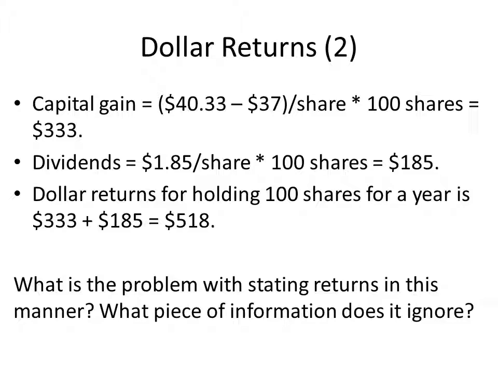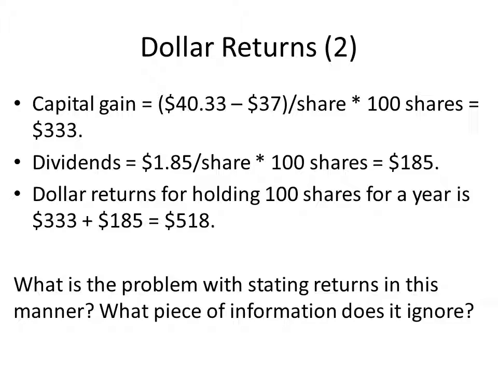So what's the problem with stating returns in this manner? What kind of information does it ignore? Well, think about this. You're at a party. You're bragging to your friends about the great returns on your stock portfolio, and you say, I had dollar returns of $518. Do your friends know whether to be impressed? The answer is no, because your friends don't know how much you had to invest in order to collect that $518.